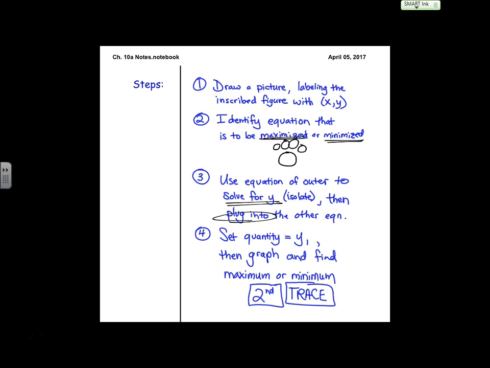Problems get long and kind of involved, and you forget what's the objective versus what are just the clues that need to be plugged in. So hopefully you're going to get an equation in terms of x's and y's, too many variables. Go looking for a clue, some extra piece of information. It's going to be your conic section. Solve for y, plug it in, and you're good to go to your calculator.